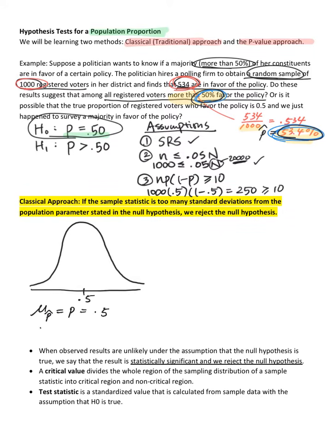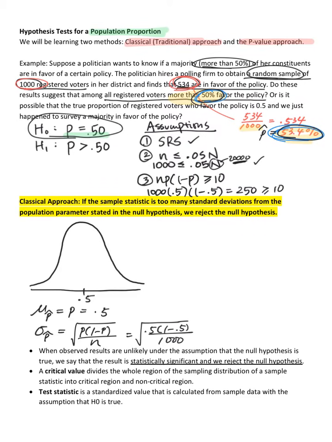Okay, and the standard error sigma sub p hat, which is the square root of p times 1 minus p over n, which is the square root of 0.5 times 1 minus 0.5 divided by 1,000.